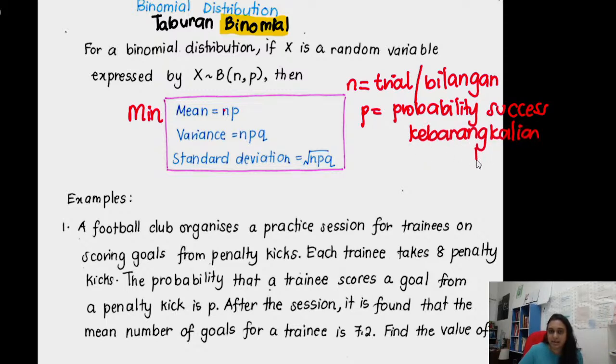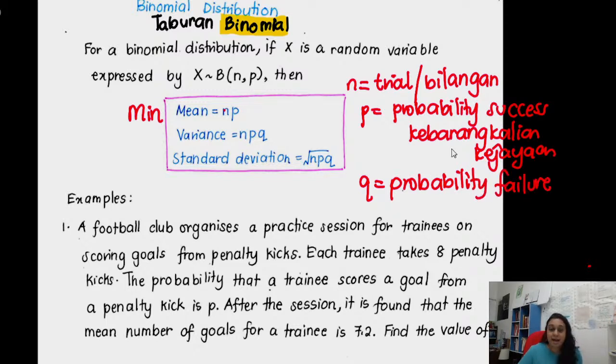And what is Q? Q is your probability of failure. That means if you fail, what is the probability? In bahasa, we call this kebarangkalian kegagalan.